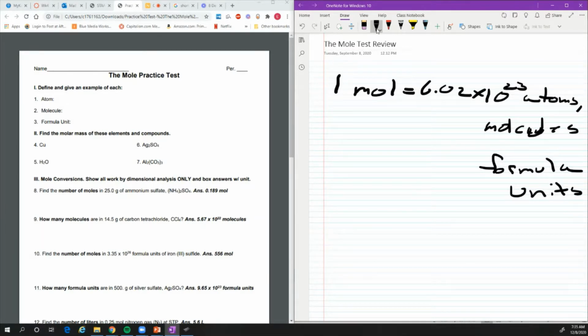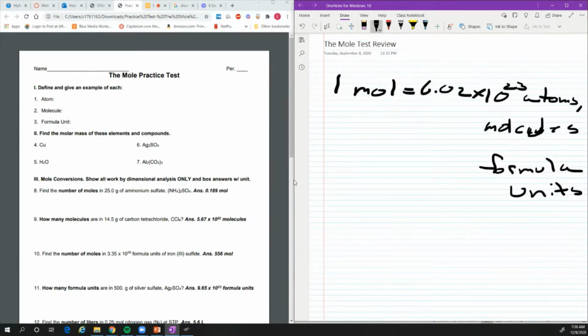These are all going to be the same, right? So if I'm looking here in my practice test, molecules, I'm going to refer back to 6.02 times 10 to the 23rd. If it says formula units, I'm going to go back to 6.02 times 10 to the 23rd. They're all the same thing.